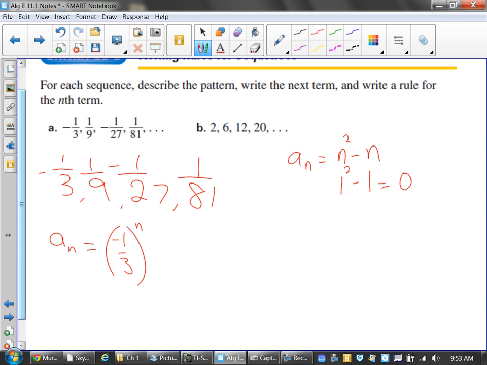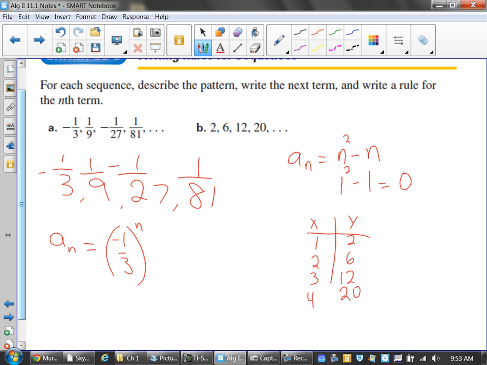Now, think of it in another way. Think of it as your first term, your x value, and your y value. Your x value is the first term 1, your second term, third term, fourth term. It generates 2, 6, 12, and 20.